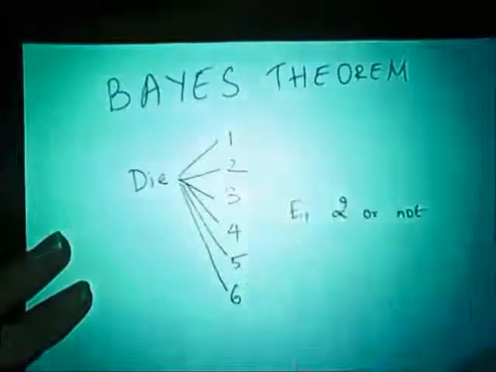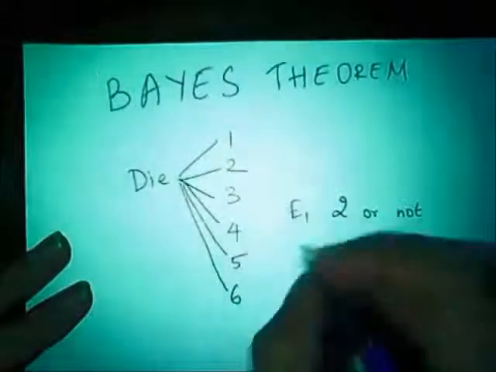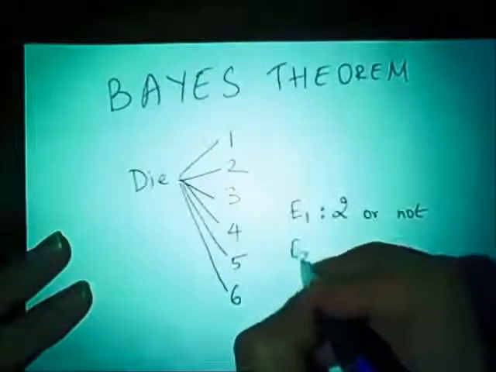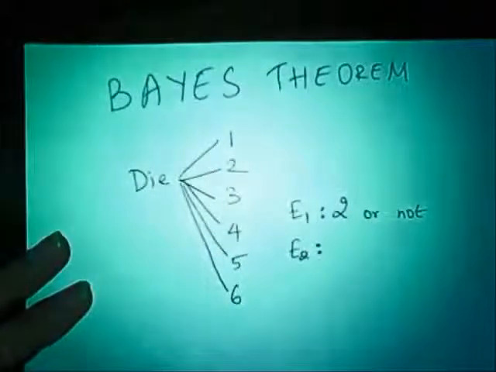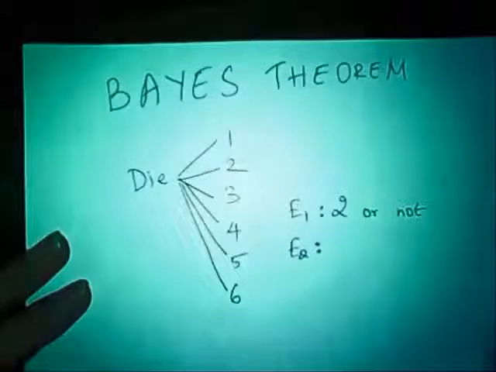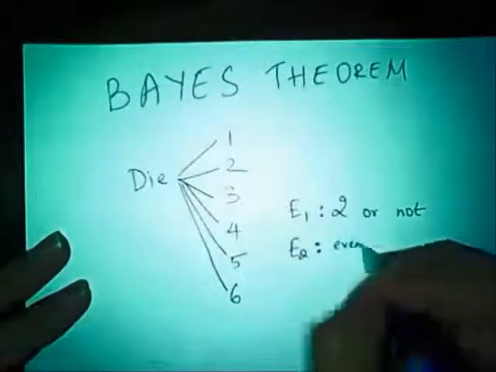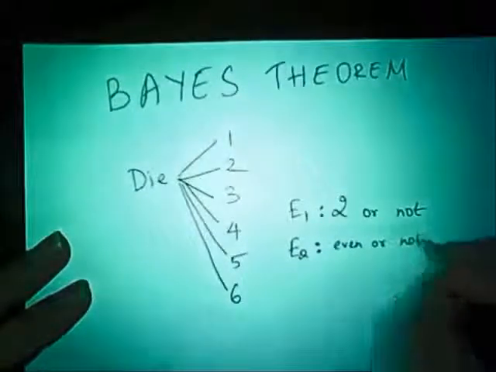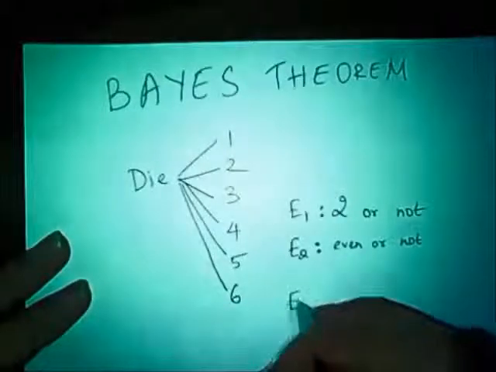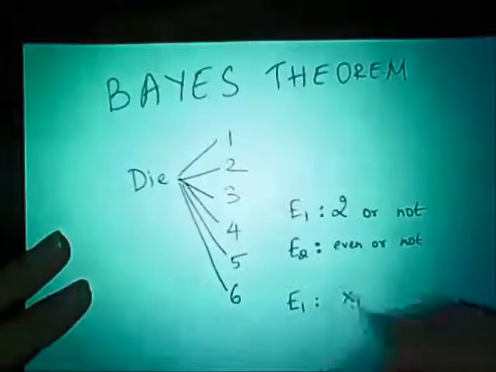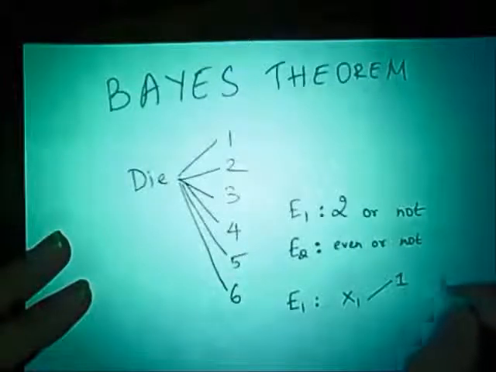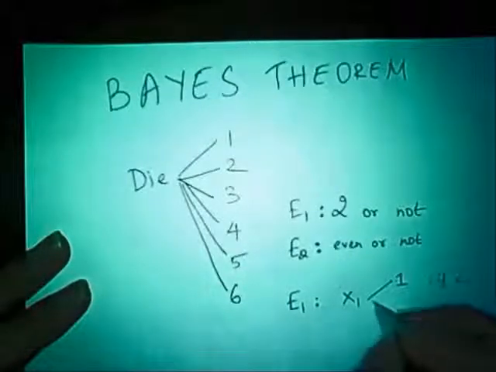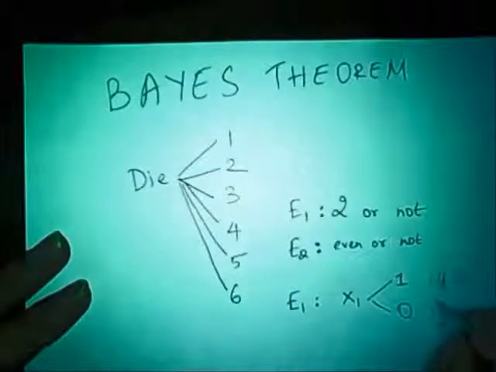Let us call this event 1, and let us call an event 2 as the event that when I throw a die, I want to know whether I get an even number or not. So E1 would be represented by a random variable x1, which would be 1 if I get 2, and it would be 0 otherwise.